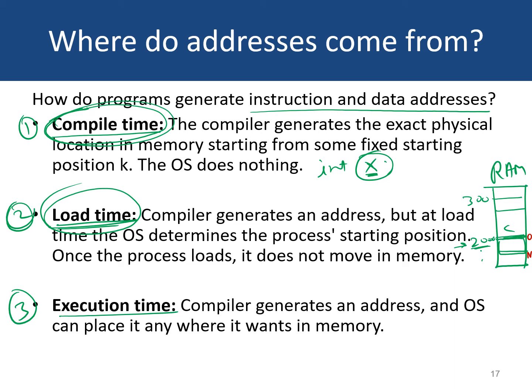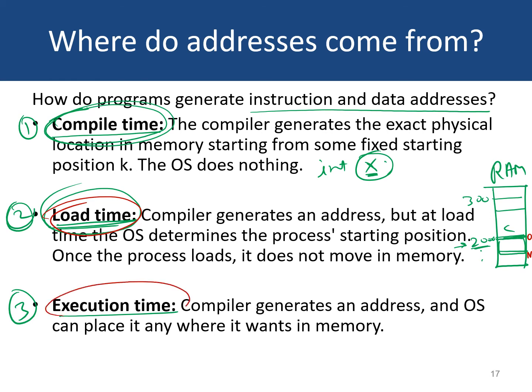Later on we will let the loader translate each of these virtual addresses into the corresponding physical addresses. So when we are loading this program from the hard disk into the main memory, we'll look at each address, we'll see where each virtual address is actually residing in the physical memory, and we'll accordingly translate the virtual addresses into corresponding physical addresses. So this is the second way of generating addresses, at load time.